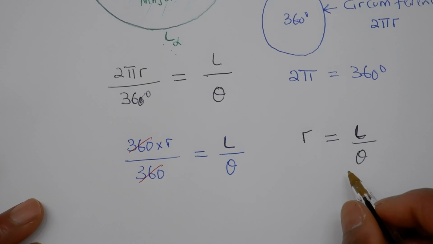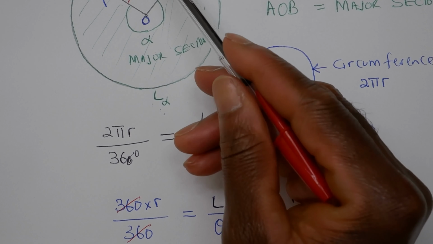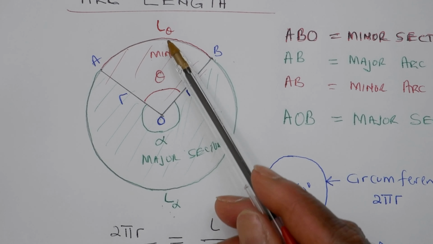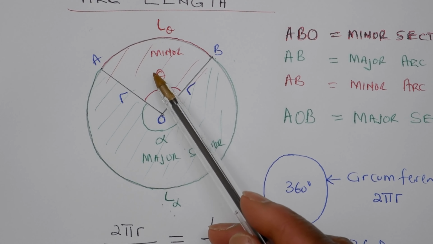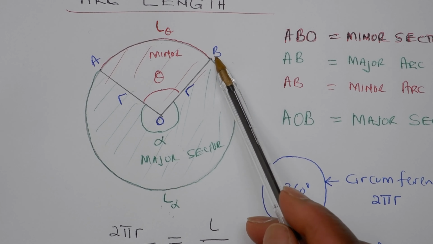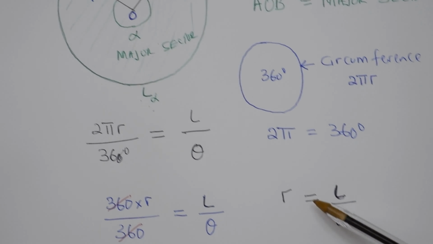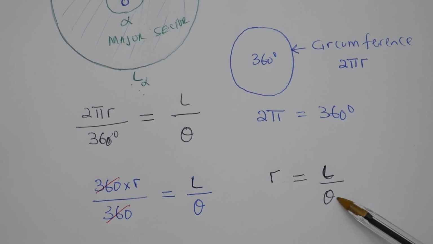If that's the case, it's easy to see that L divided by the angle is equal to r. R is L over angle.